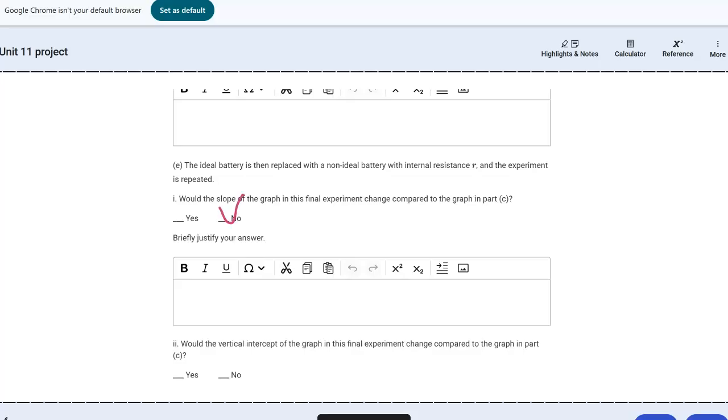And then would the vertical intercept in this final experiment change compared to the graph in part C?